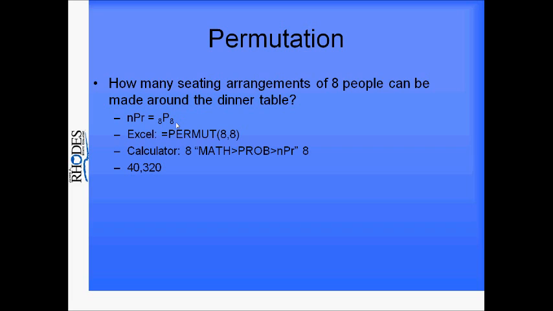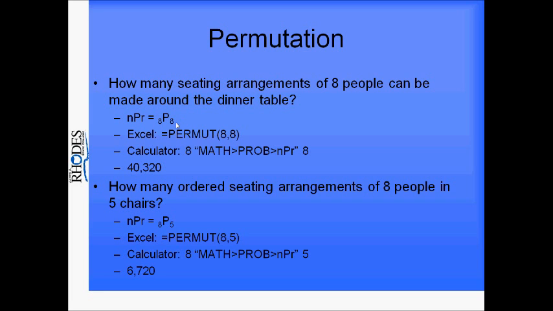In this case, order matters. Second example: how many ordered seating arrangements of 8 people and 5 chairs? The question actually says ordered, so order matters. It would be 8 P 5, because there are 8 people and only 5 chairs.